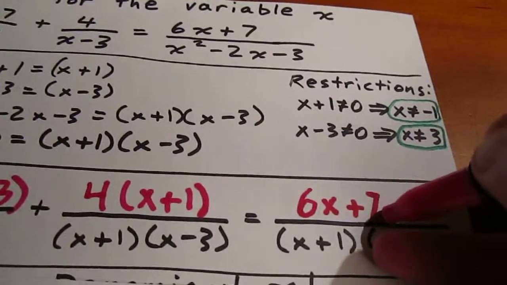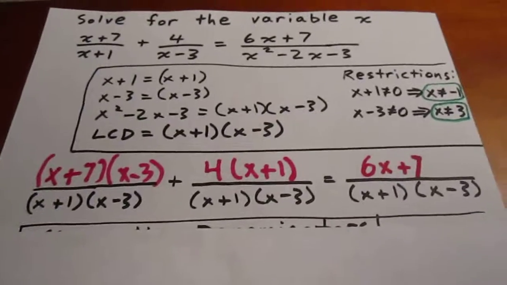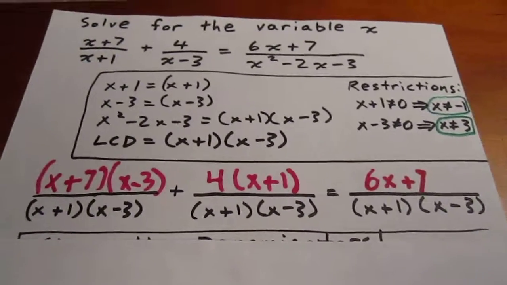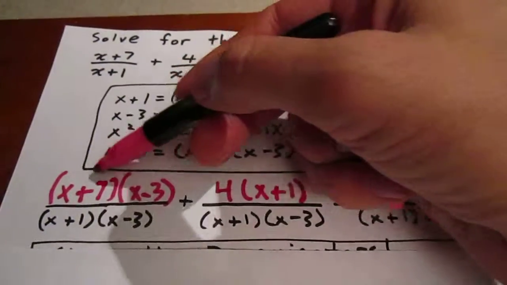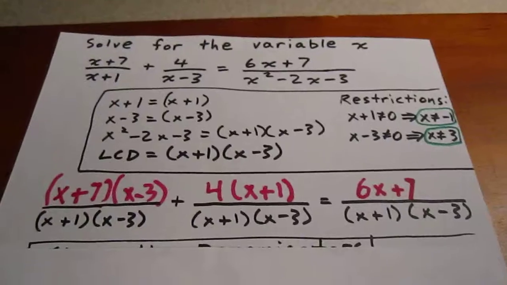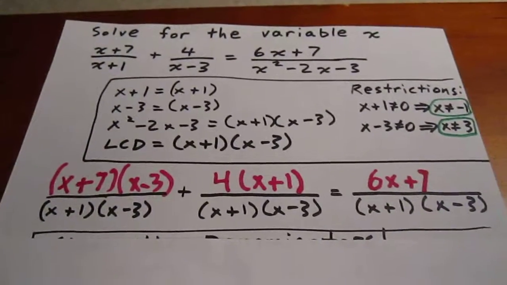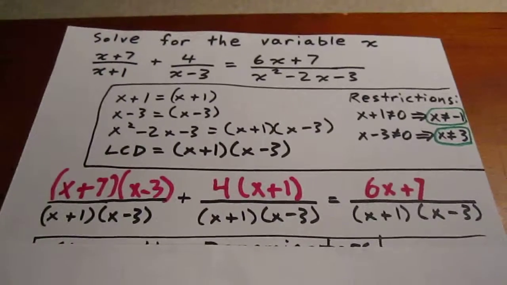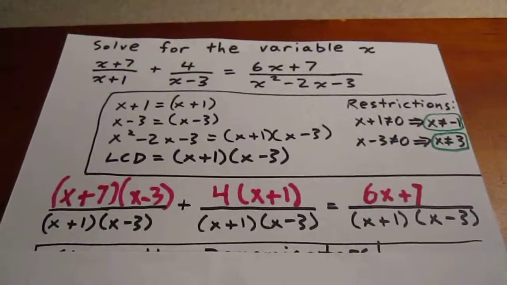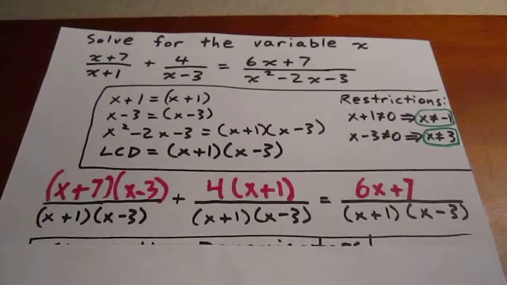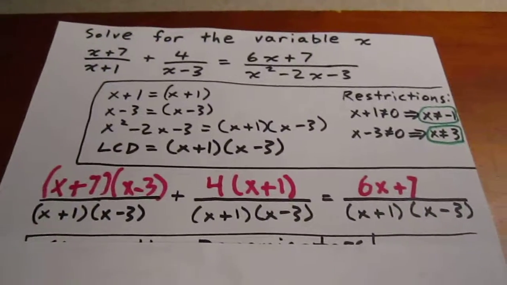At this point, if you notice, we have the three terms and every one has the same denominator. We can clear the denominators and simply solve for what's in red. And the reason we can do that is because we're multiplying each of the rational expressions by (x + 1)(x - 3), and that wipes them out of the denominator, so to speak. And you might say, but you can't multiply by something that equals 0.